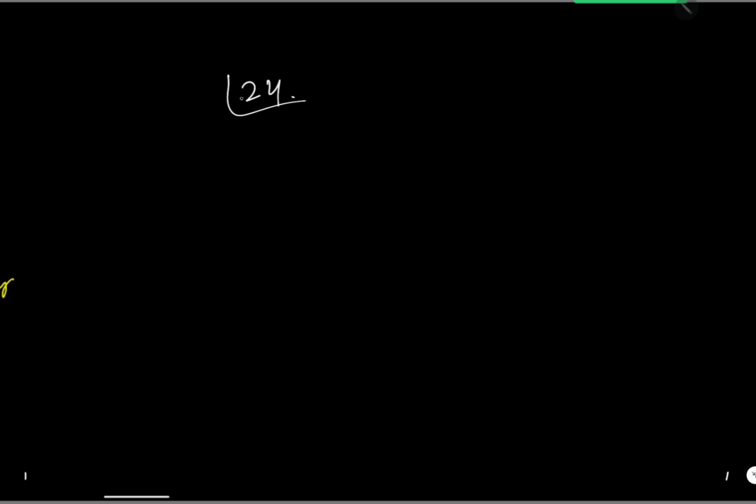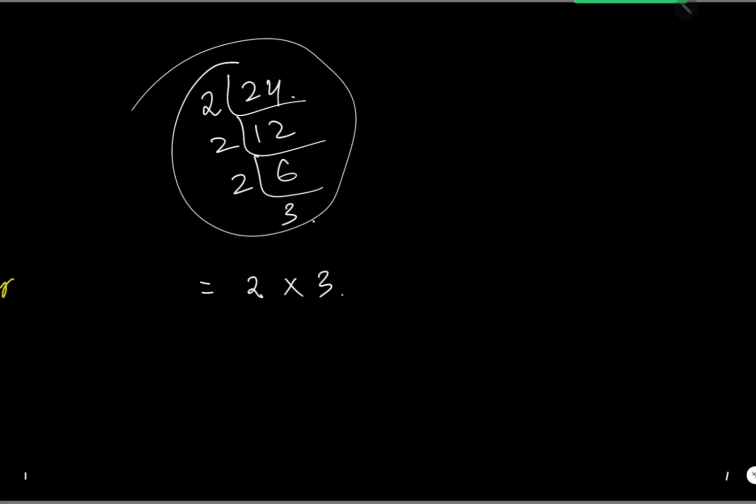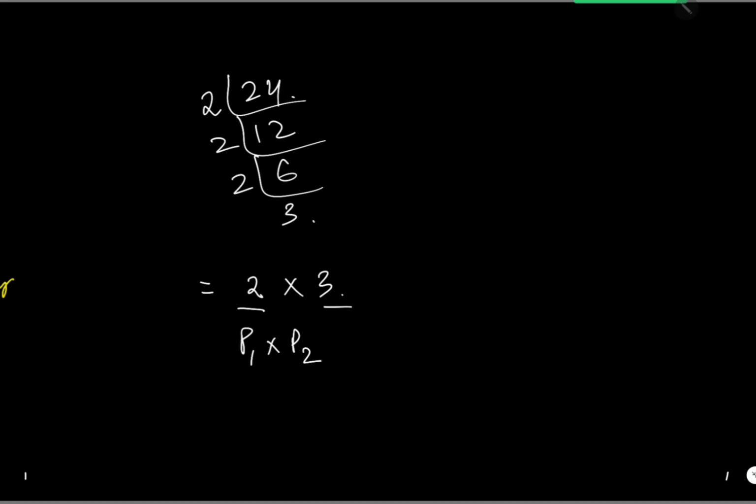So we'll just take the prime factorization: 2, 12, 2, 6, 2, and 3. And 2 and 3 are the prime numbers that occur while finding the prime factorization of that composite number. So these 2 and 3 are our p1 and p2.